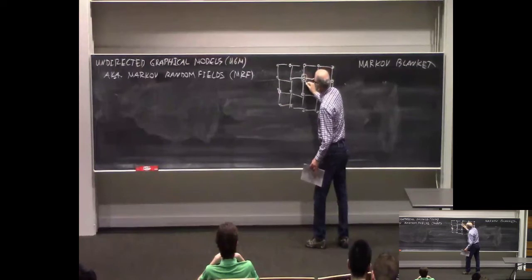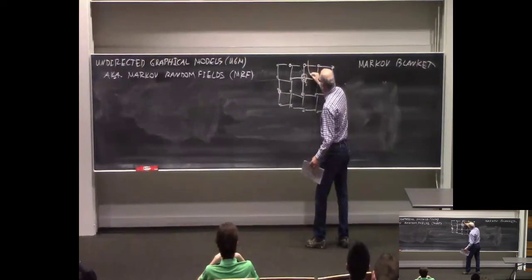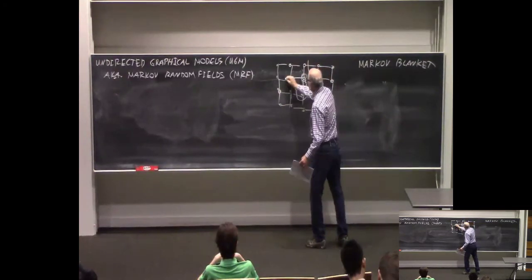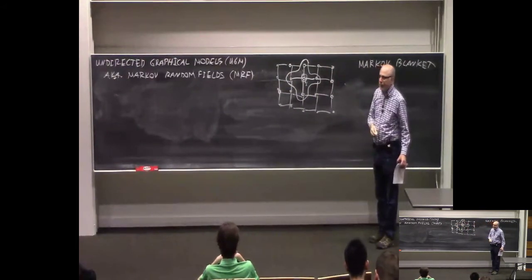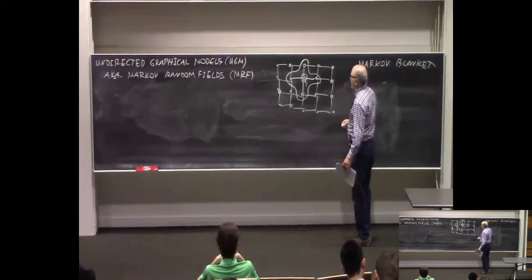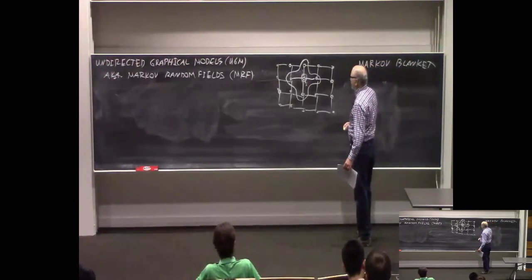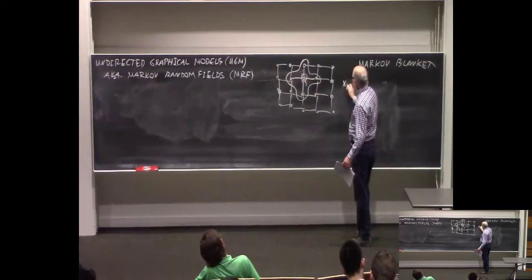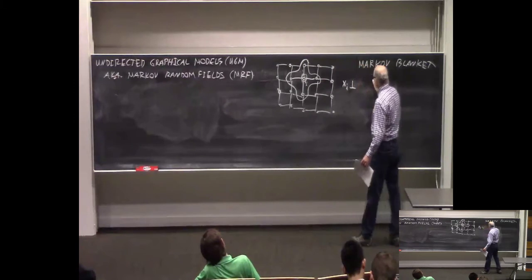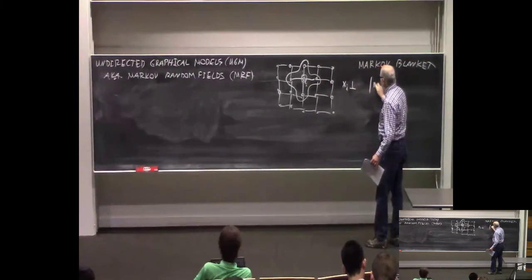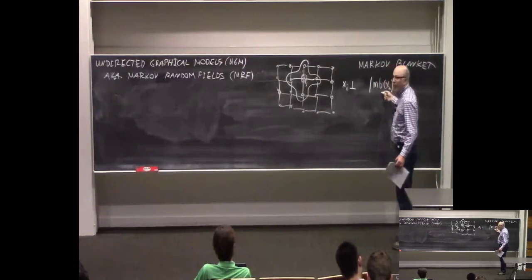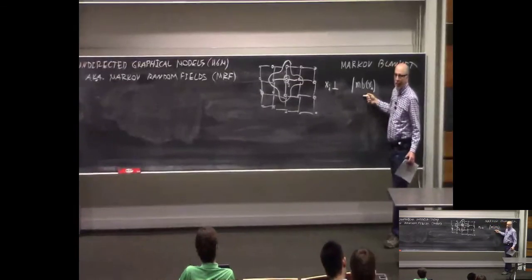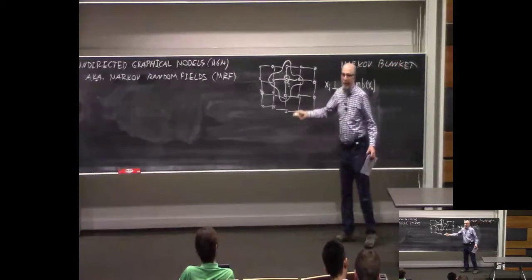The Markov blanket for this one, for xi here, is this set. And I will write the conditional independence assumption as: xi is conditionally independent, conditioned on the Markov blanket of xi. So when covered by its blanket, it is independent of everybody else.